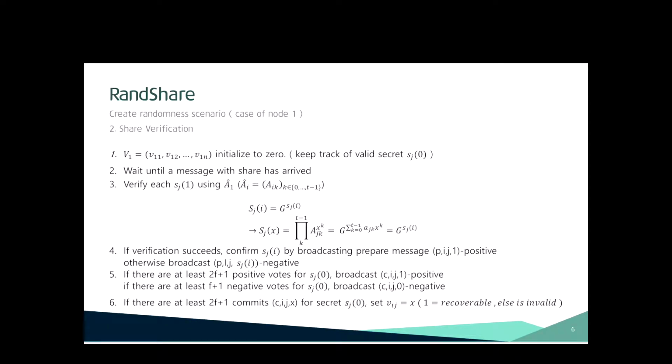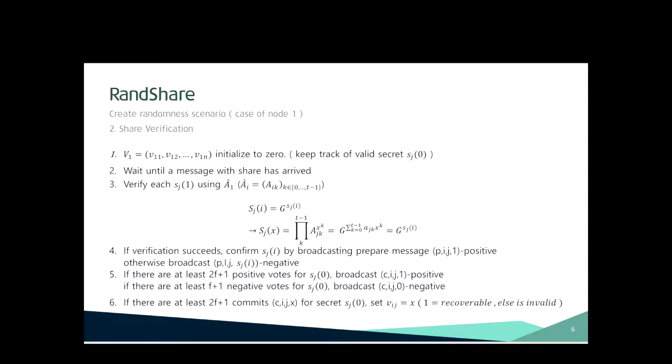The next step is share verification. This is the scenario for node 1. First, make a V vector to keep track of valid secrets from other peers. In this case, make V_1 for node 1, consisting of v_11 to v_1n. These values are initialized to 0, and the peer waits until a message with a share arrives, that is, a message from other peers.